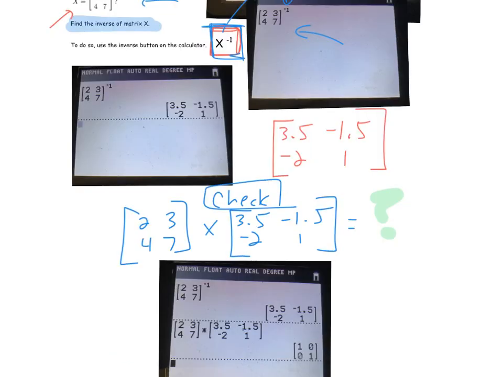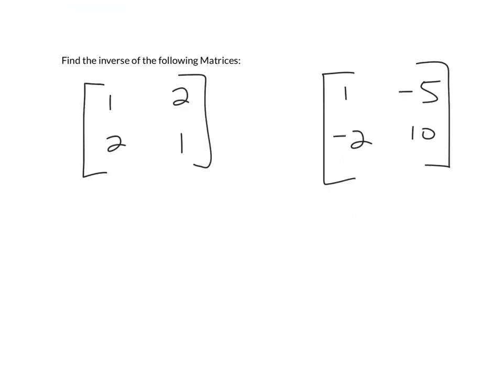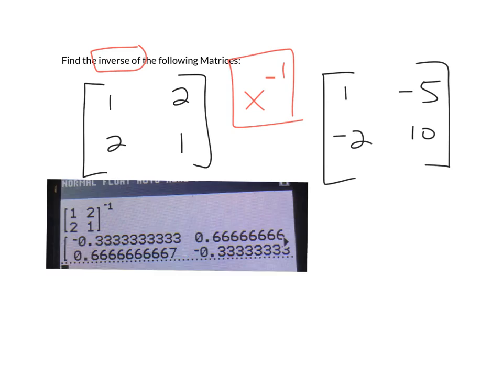You should be left with the identity matrix, because that's the significance of what the inverse of a matrix is. Let's try to find the inverse of two other matrices, and then you'll try some of these on your own. Let's find the inverse of these two matrices, and we're going to do this right on our calculator by using the inverse button, the x to the -1 power button.